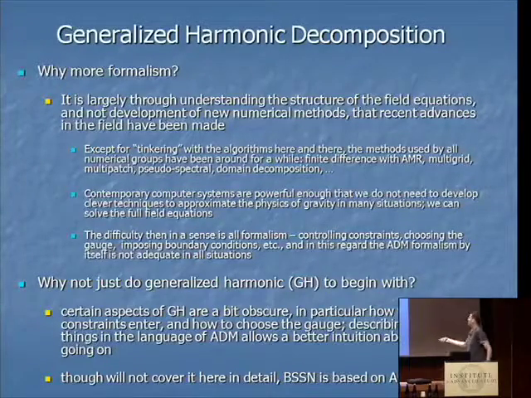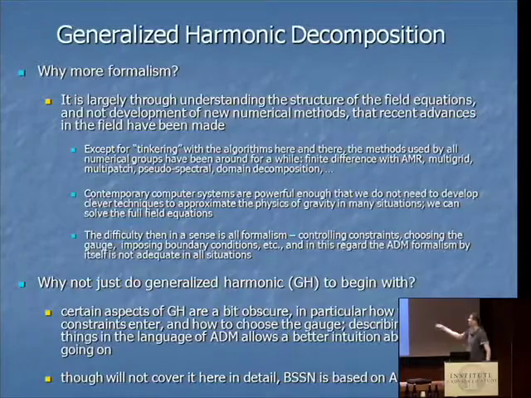So in some sense, the difficulty in solving the field equations has really all been in the formalism. If we had just stopped after the third lecture, I would essentially have been describing the state of the field to you several years ago.